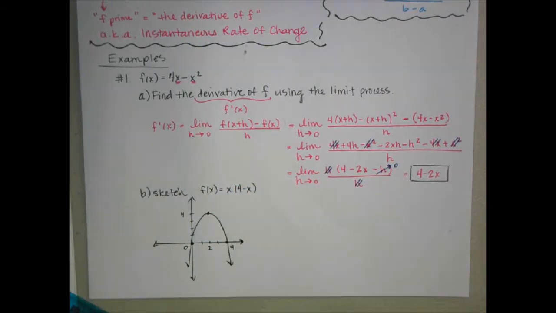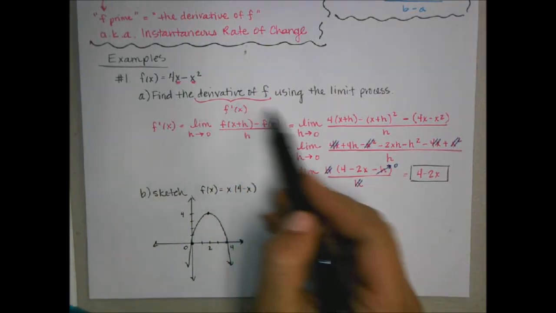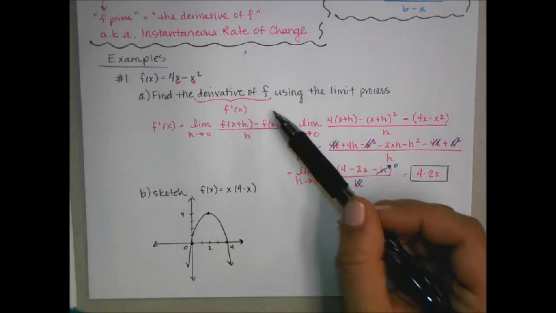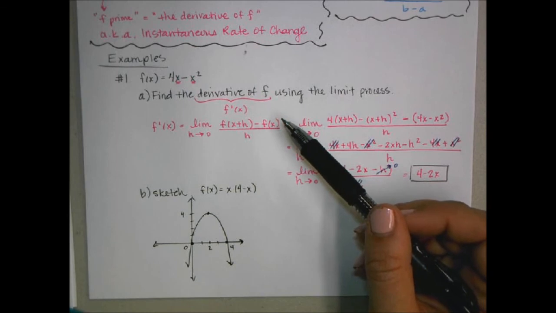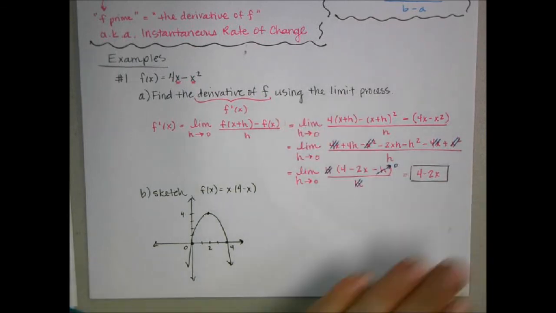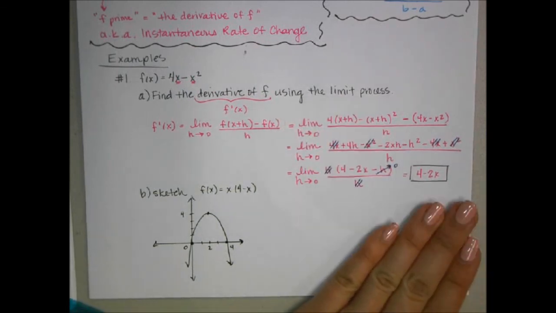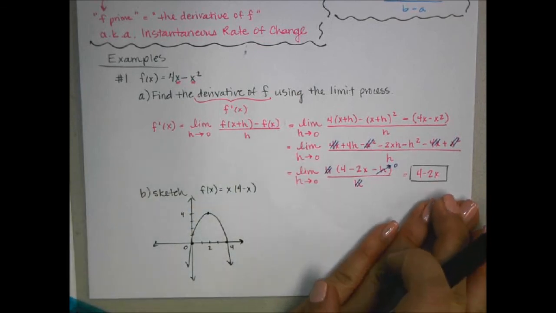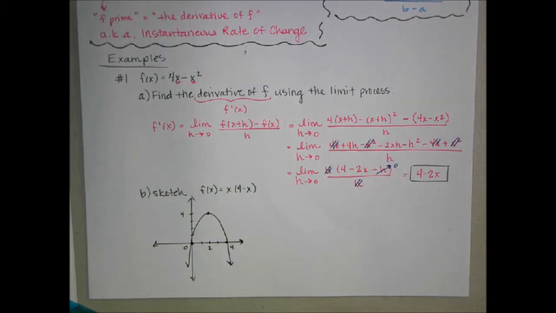Okay. And what we did was we found the derivative. Well, the derivative is the slope of the tangent line. And we didn't find the slope of the tangent line to a specific place on our curve. That's why we're getting this 4 minus 2x. It depends on where we look.